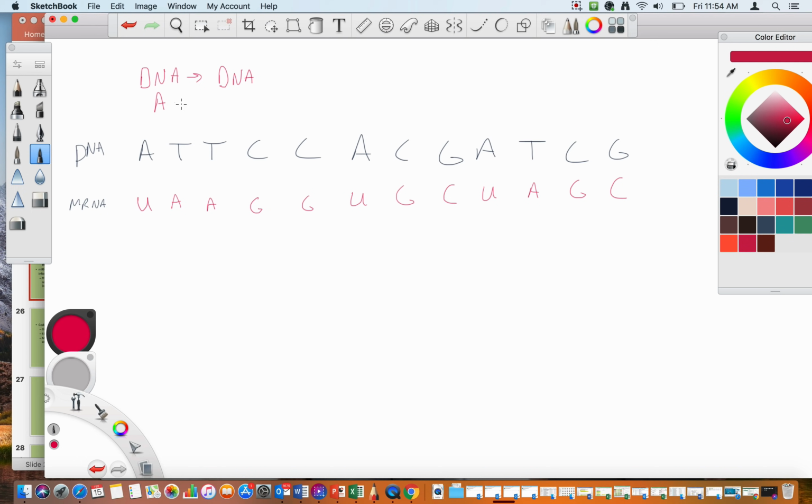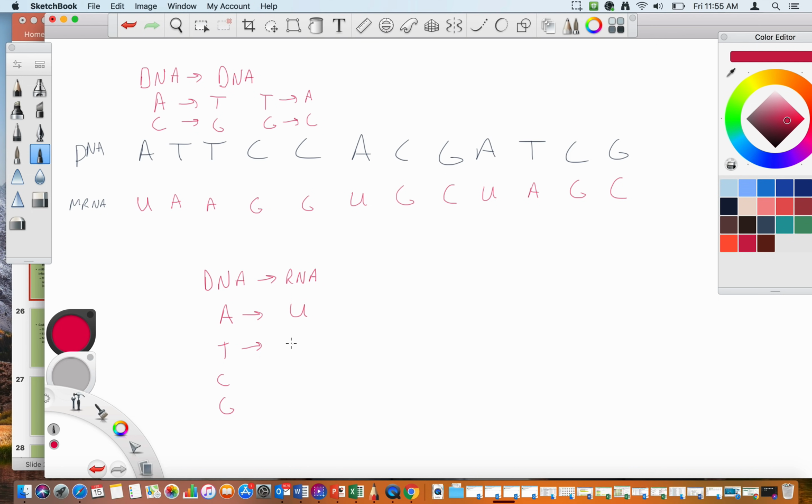So our DNA base pairing rules, if we're going DNA to DNA: if we have an A in the complementary strand, it's going to be a T. If we have a C, it's going to be a G. Same thing, if it's a T, it's going to be an A. If it's a G, it's going to be a C. But when we go from DNA to RNA, where we have an A in DNA, it's going to be a U in RNA.